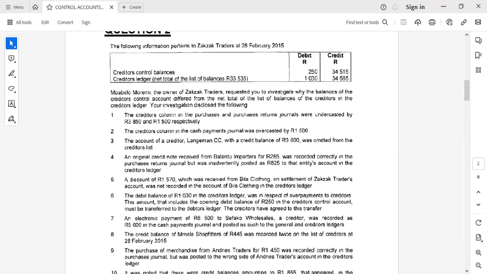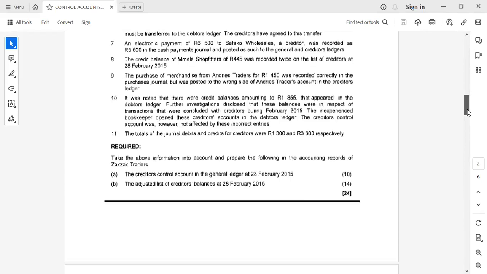The following information pertains to Zag Traders at 28 February 2015. The question is to take the above information into account and prepare the following in the accounting records: the creditors control account and the adjusted list of creditors.